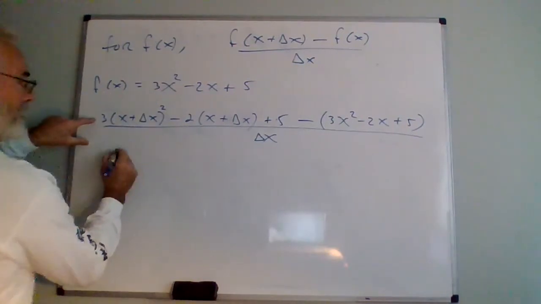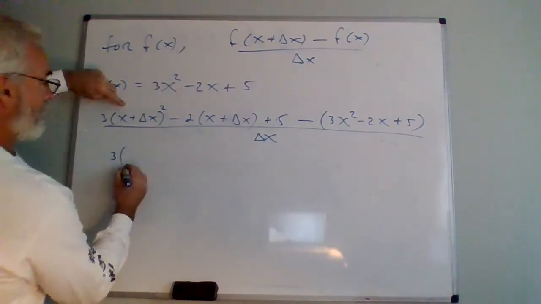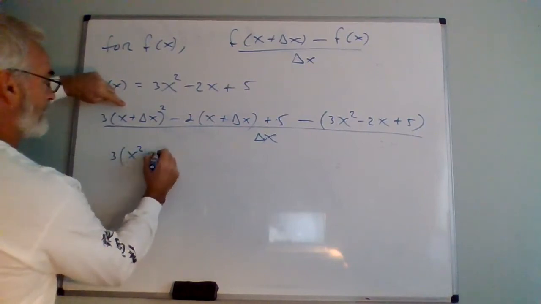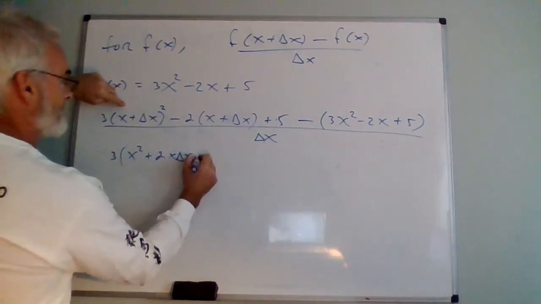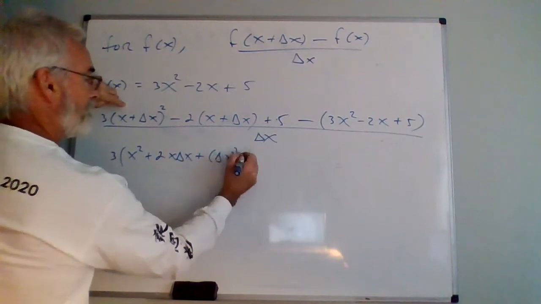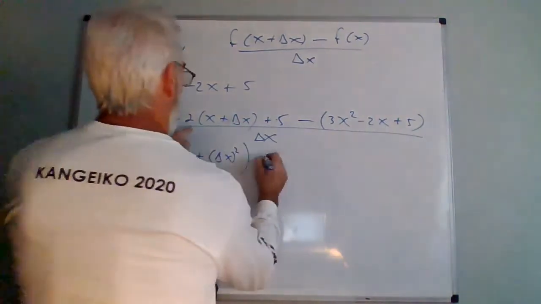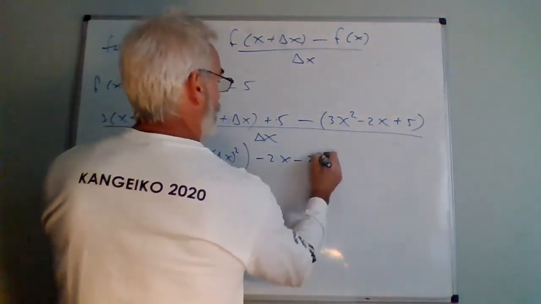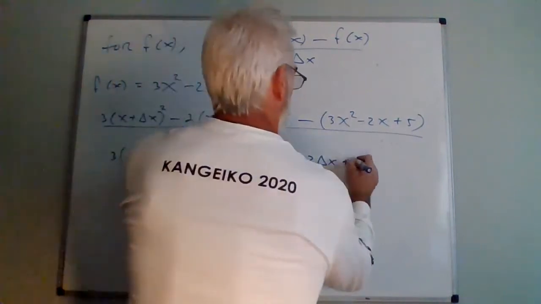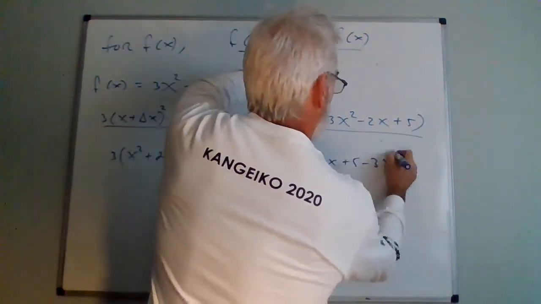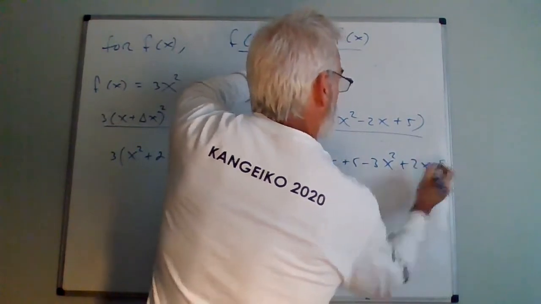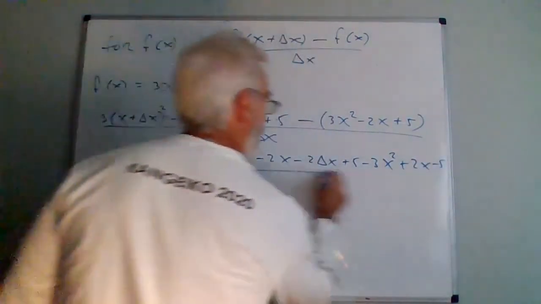So this will be 3 times, I'm squaring a binomial, so that'd be x squared plus 2x delta x plus the square of delta x, minus 2x minus 2 delta x plus 5, minus 3x squared plus 2x minus 5, all over delta x.